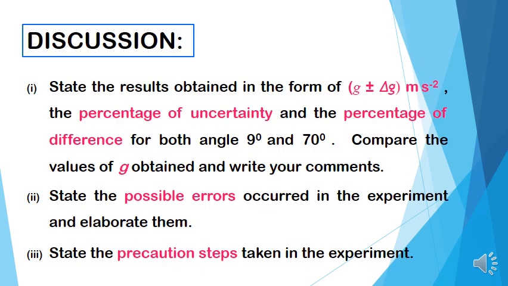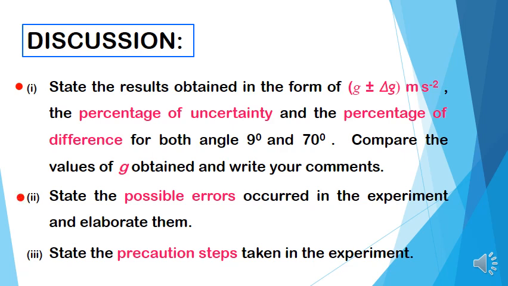Discussion. Roman 1. State the results obtained in the form of G plus minus del G meter per second squared, the percentage of uncertainty, and the percentage of difference for both angle 9 degree and 70 degree. Compare the values of G obtained and write your comments. Roman 2.